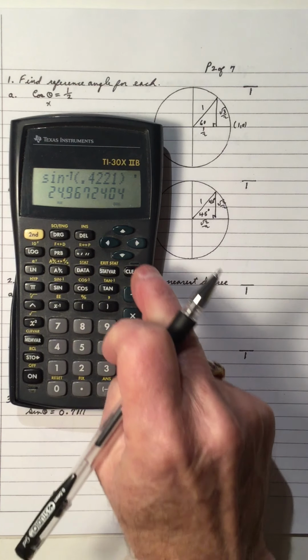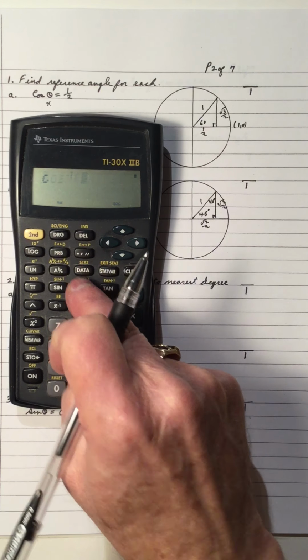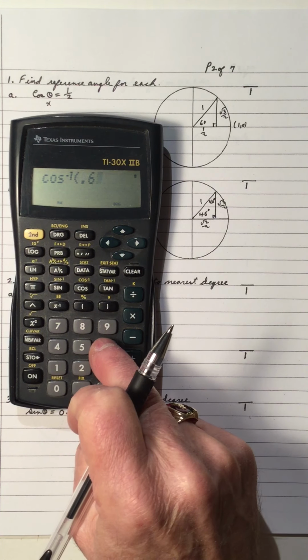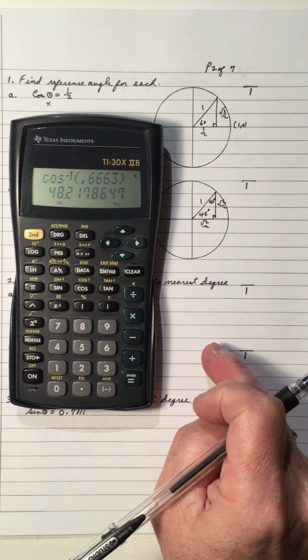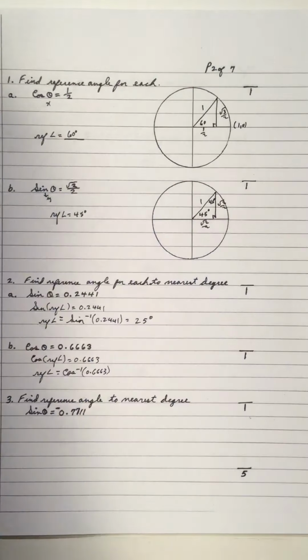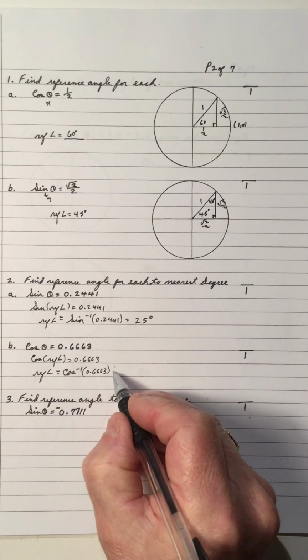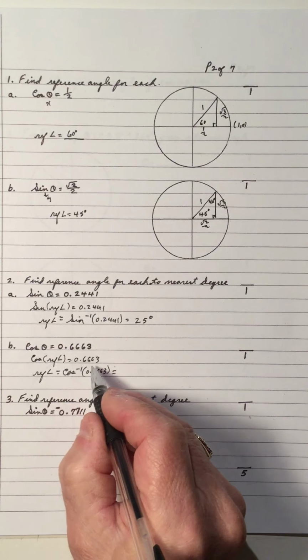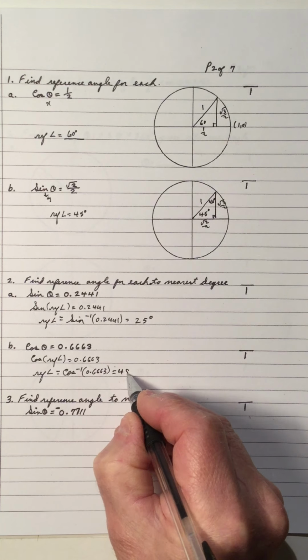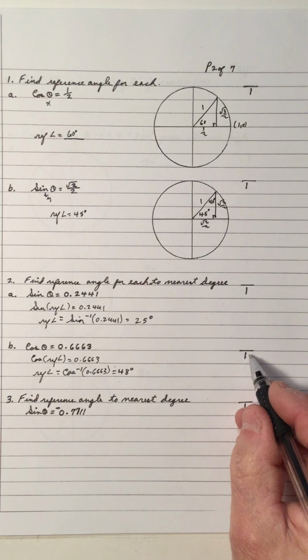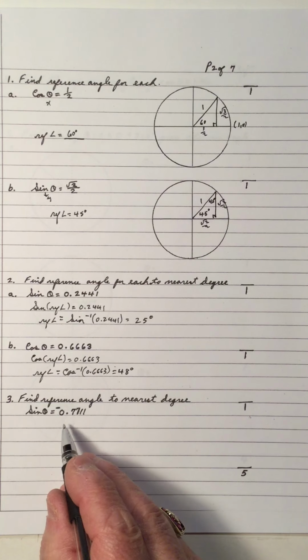If we do that in a calculator, inverse cos of 0.6663, and you get a reference angle of 48 degrees. Every time you keep your decimal positive, you're always in quadrant 1, which is where your reference angle is. So if you have 48, give yourself a mark.